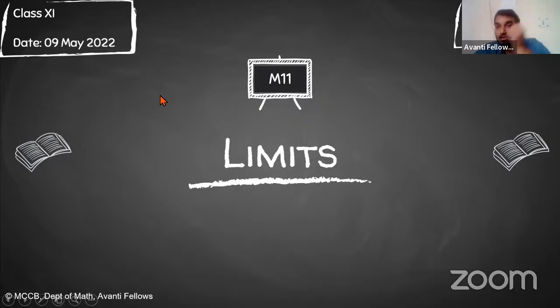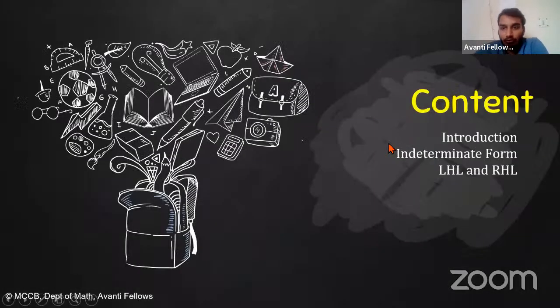As I told you, first we will see the introduction of the limit, then something called indeterminate form, and then the LHL and RHL, which are nothing but left hand limit and right hand limit. These three things we will be covering most of the time.